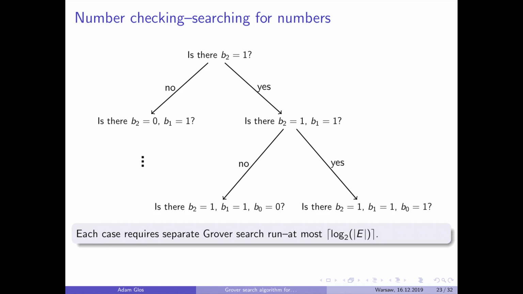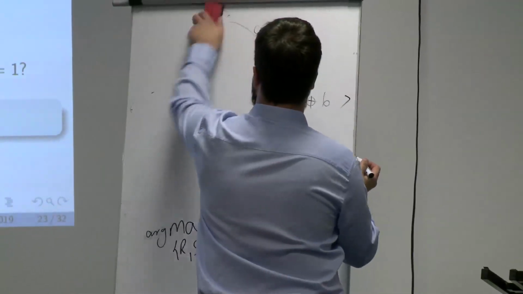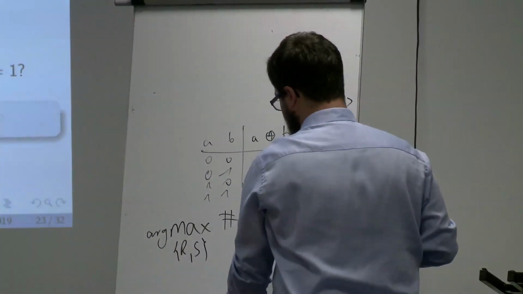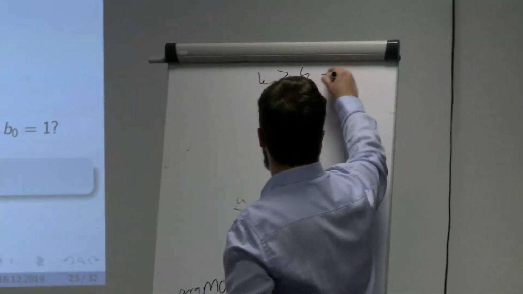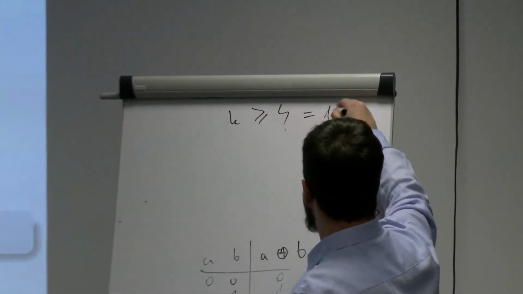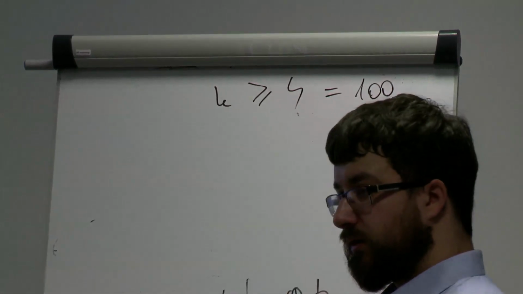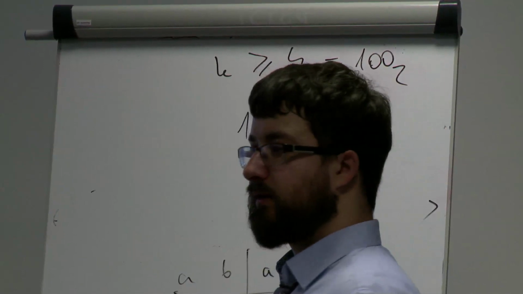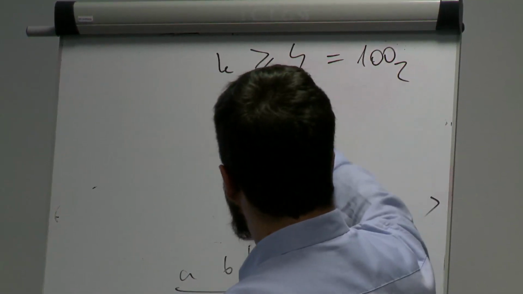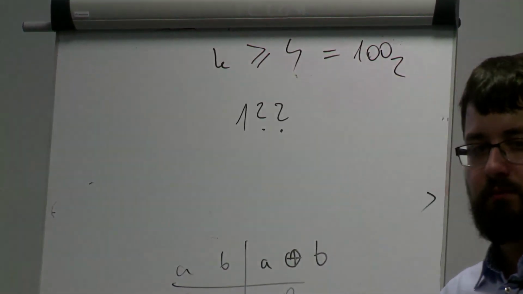If we want to find a number that is at least 4, which is 1, 0, 0, we just want to check whether there's a number that has a 1 at the very beginning and absolutely anything on the last 2 qubits.